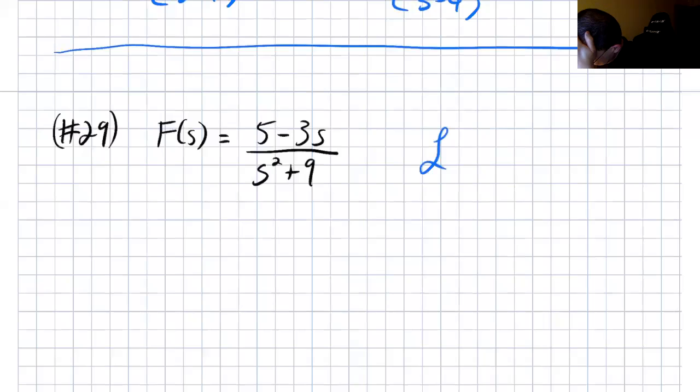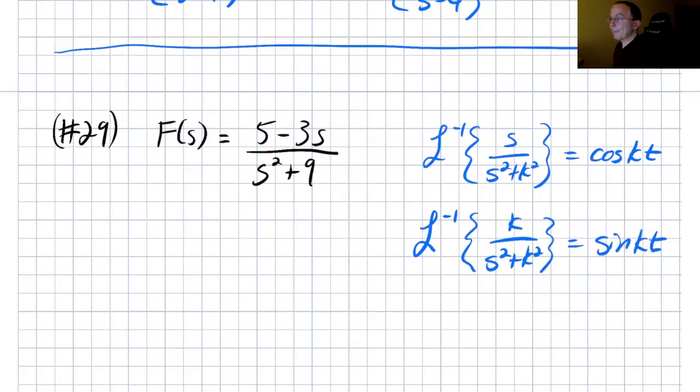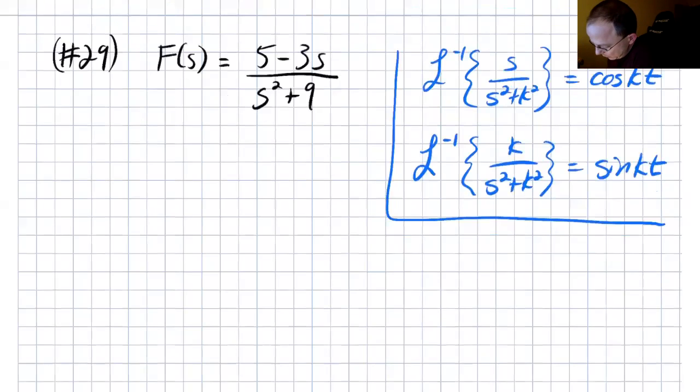I'll write down the inverse Laplace transform of s over s squared plus k squared is cosine kt, and the inverse Laplace transform of k over s squared plus k squared is sine kt. Okay, so that's what we'll use.